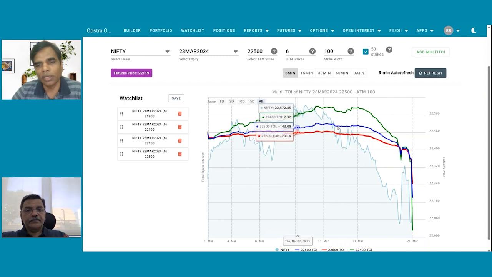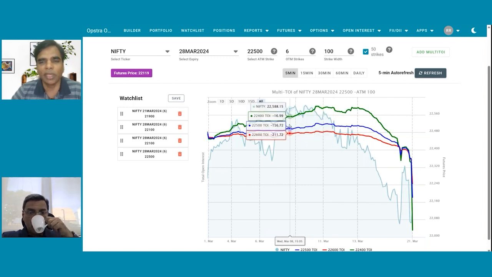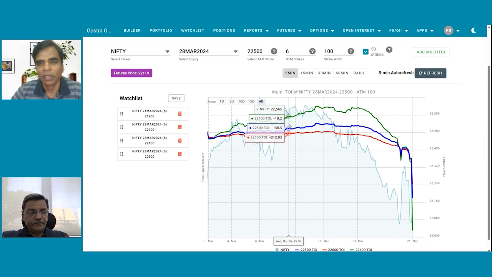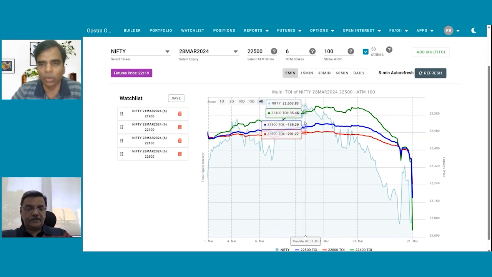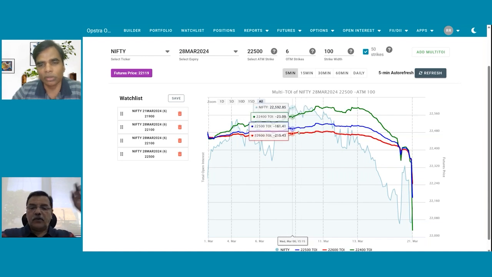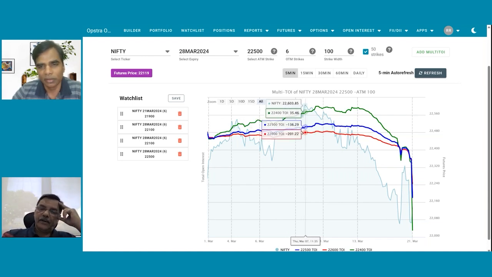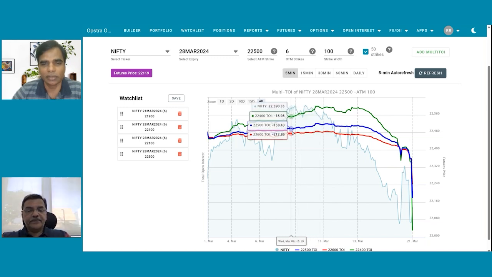So what TOI does is, it says what not to do in the market, right? Based on what the TOI is saying. That is something which I've always been saying. Yeah, TOI says what you should not do first. Yes.